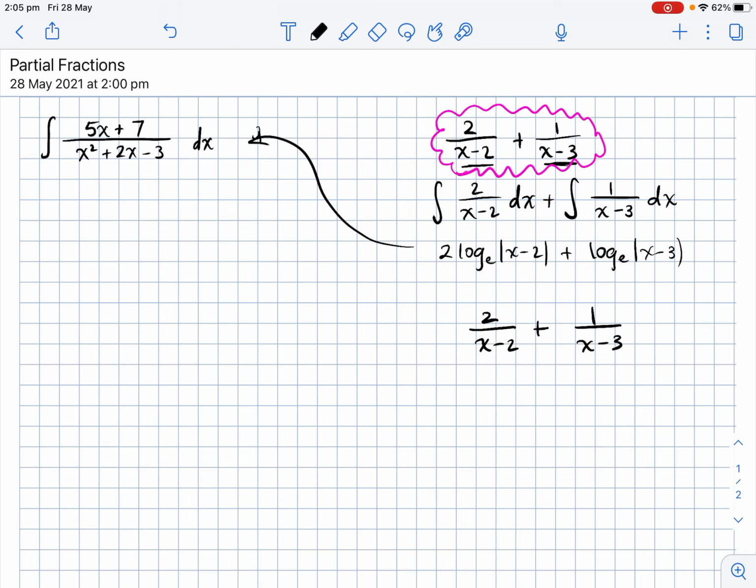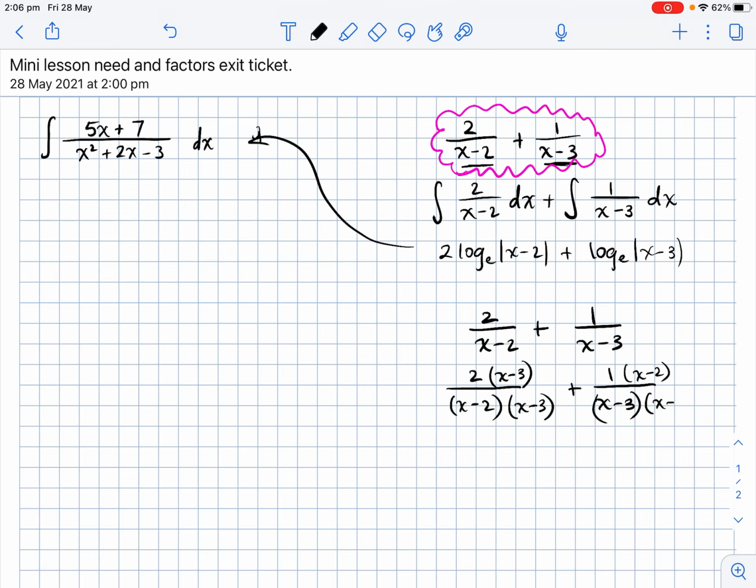To get that, I am going to multiply the left-hand fraction by x minus 3 on the top and x minus 3 on the bottom. And for my right-hand fraction, I'm going to multiply by x minus 2 on the top and x minus 2 on the denominator. So what we've created here is a common denominator.